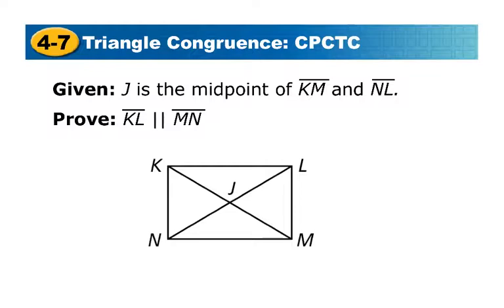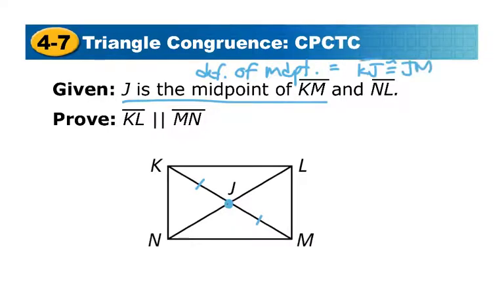Alright, and then our last proof here, we're given, ooh, I see an X, so we'll probably have some vertical angles. But either way, J is the midpoint of KM. So I'm going to know by the definition of midpoint that KJ is congruent to JM.